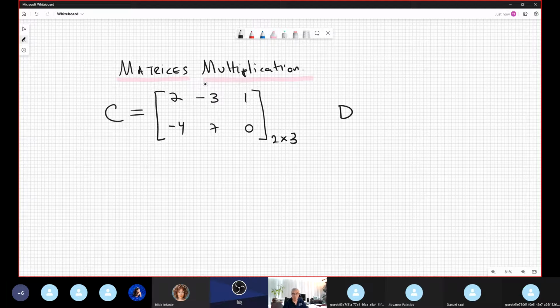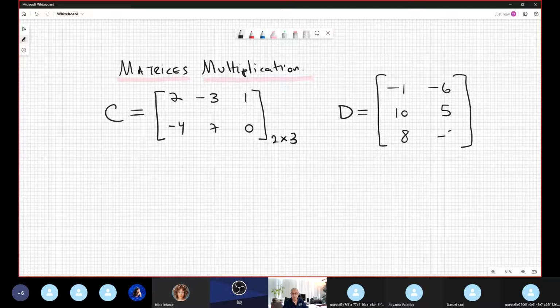We have another matrix D. It's a little bit different: -1, 6, -6, 10, 5, and 8, -2. And the dimension of this is 3 by 2 because we have 3 rows and 2 columns. I want to know if the multiplication C times D is possible or not.